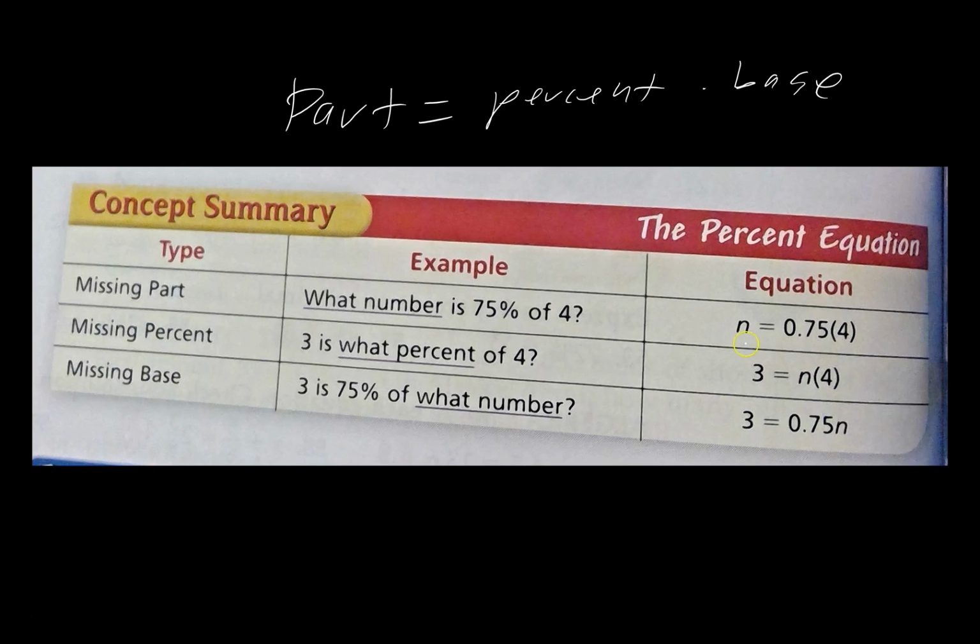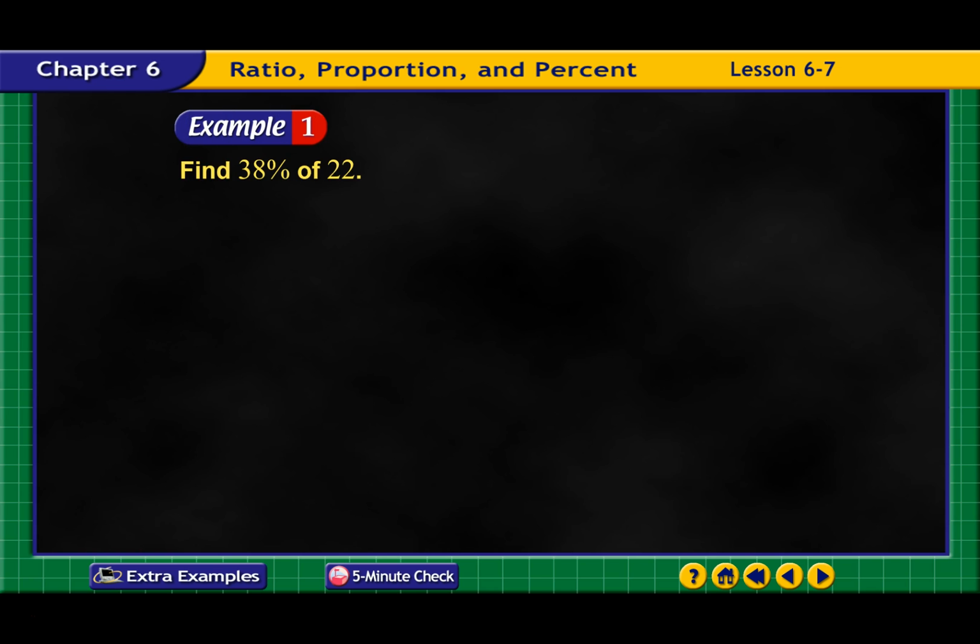So what number, part, is 75% times base. And we could do that if we're missing the percent: the part is what percent of the base. And 3 is 75% of what number. Same concepts there, just make sure we know how to do all three. We'll probably have an example for all three, so let's try them.